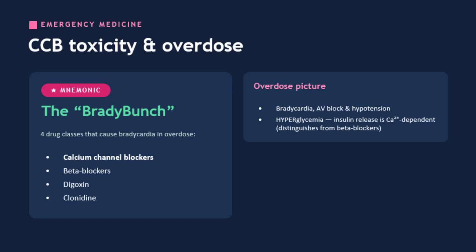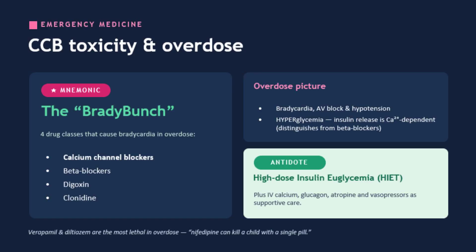These are the safety rails, so commit them to memory. Now toxicity, this is high yield and honestly kind of dramatic, so pay close attention. Calcium channel blocker overdose gives you three things: bradycardia, hypotension, and here is the surprising one, hyperglycemia, high blood sugar.